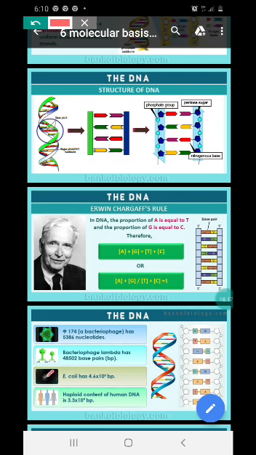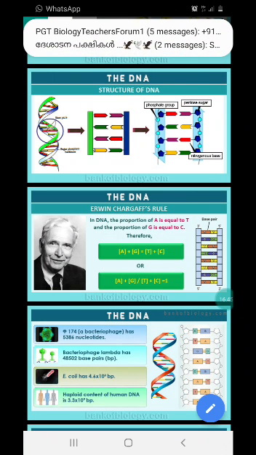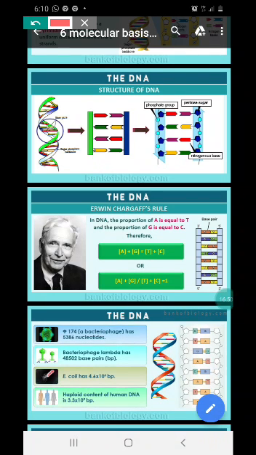Correct? But is it necessary that adenine and guanine, or cytosine and thymine, should be the same? No. But adenine plus guanine is equal to thymine plus cytosine, or A plus G divided by T plus C is always equal to 1. This equation was given by Erwin Chargaff.